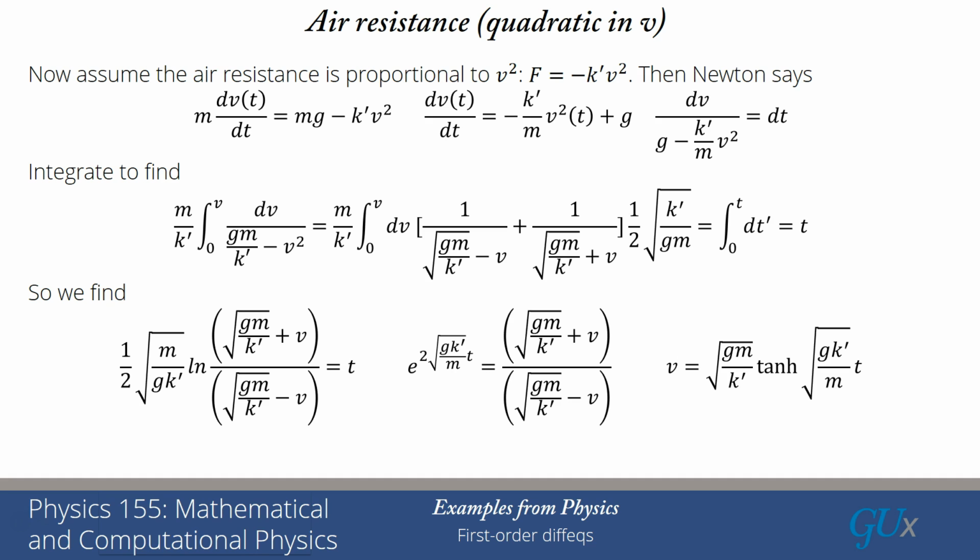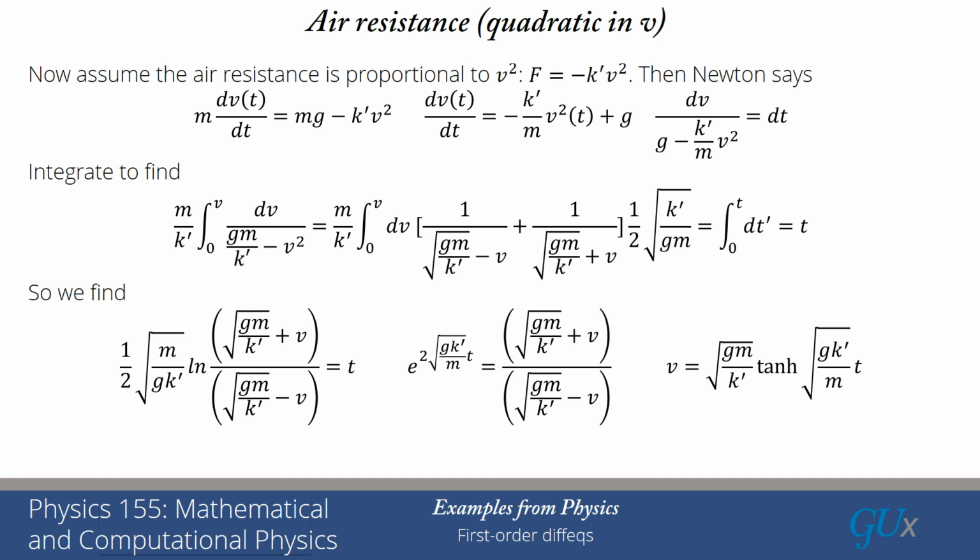Now, you need to actually sit down and do this. What you're going to find is in the numerator something that goes like 1 minus e to the 2 times that square root, and in the denominator you'll get 1 plus e to the 2 times that square root. And then what we do is we multiply and divide the numerator by e to the minus square root times t.